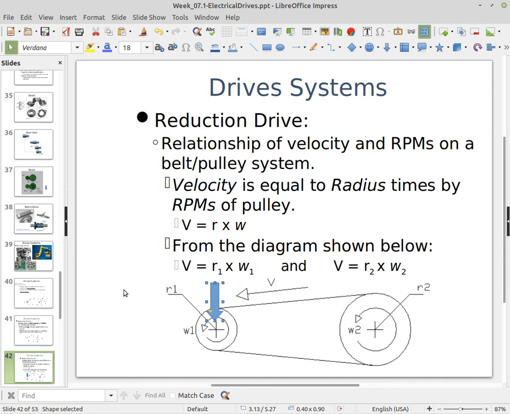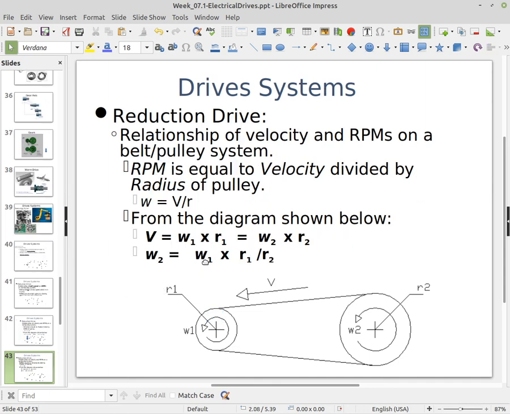And so we end up getting effectively the same torque calculation that we had before. So the angular velocity of the second is equal to the angular velocity of the first times the radius of the first divided by the radius of the second.